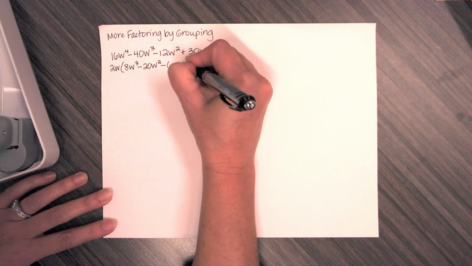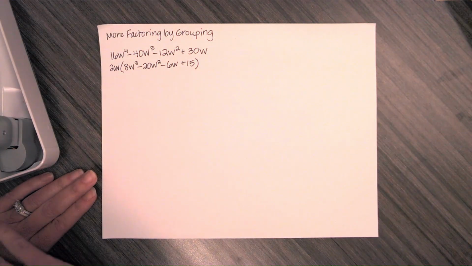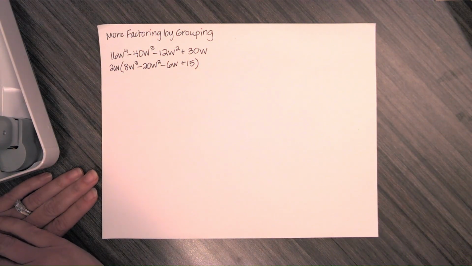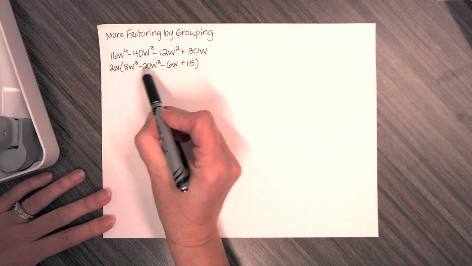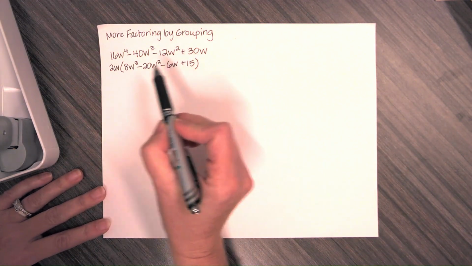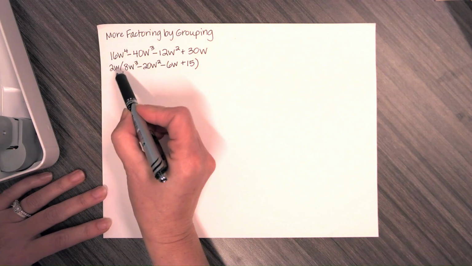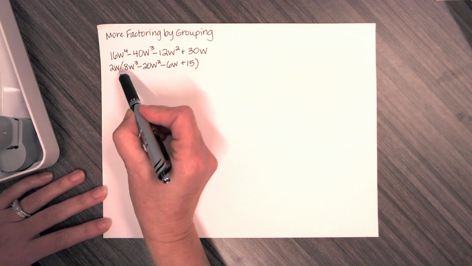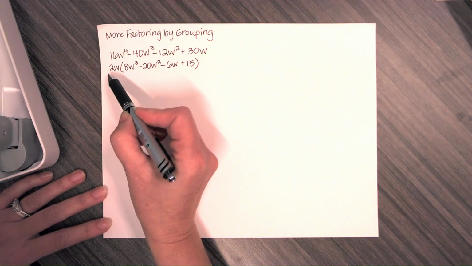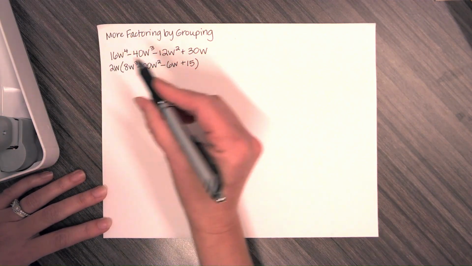plus 15. Alright, now that I've done that step, now I can group what I have left. Now this 2w is part of my answer, so I'm just going to leave him out here for now, put him on hold. He is going to be part of the answer, but right now we're done with him.